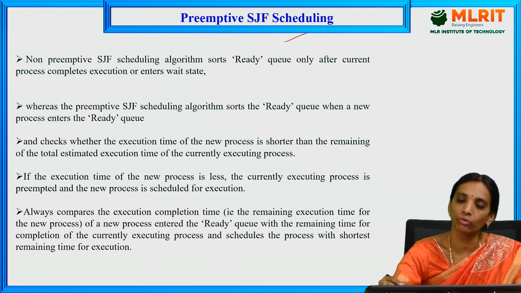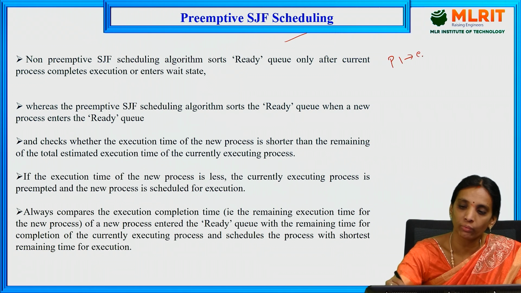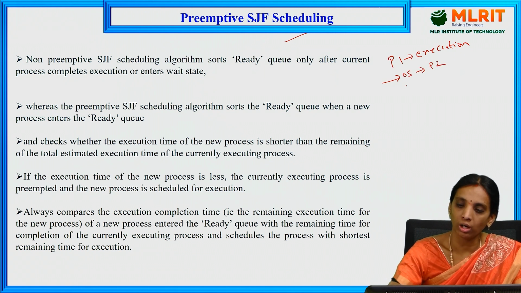So what is meant by preemptive scheduling? Here, when one process goes for execution, if any event occurs to the OS with process 2, or if any process having the highest priority enters into the OS, then the current process which is going for execution, that is P1, is preempted and goes to the waiting state.